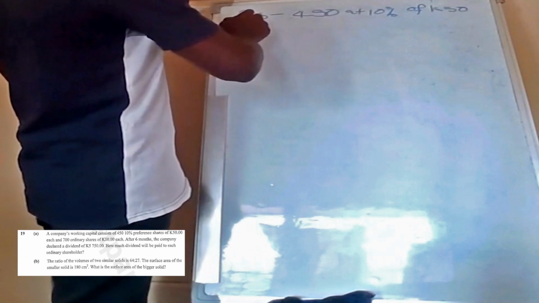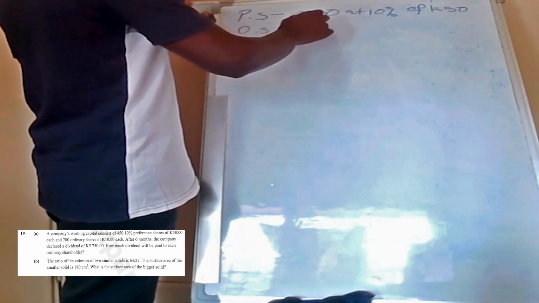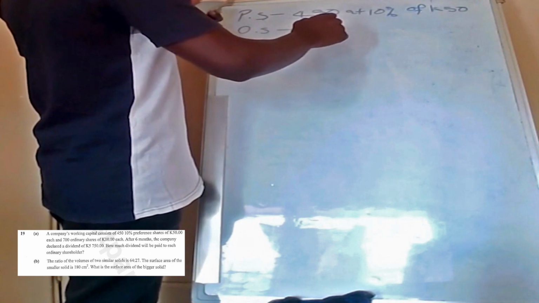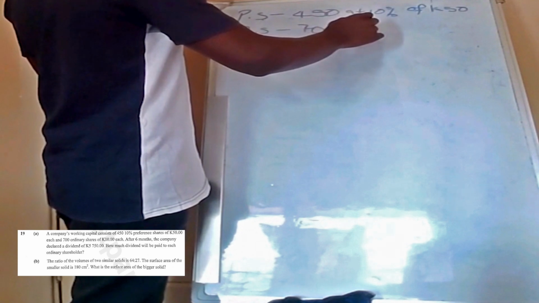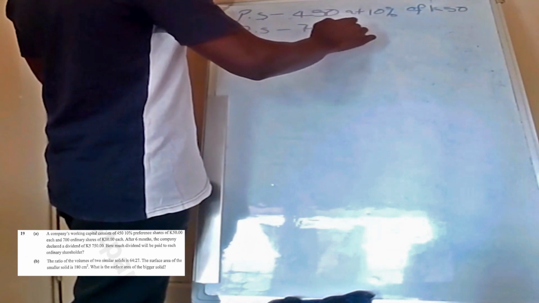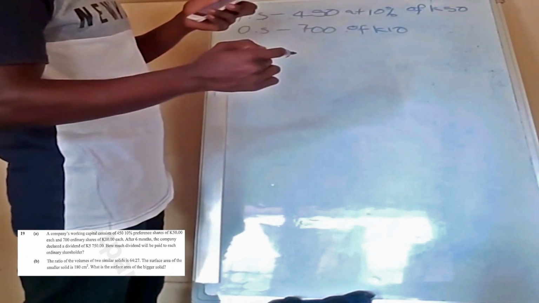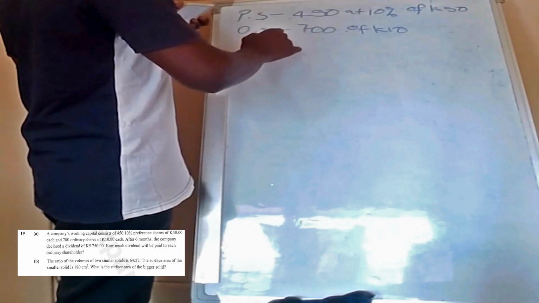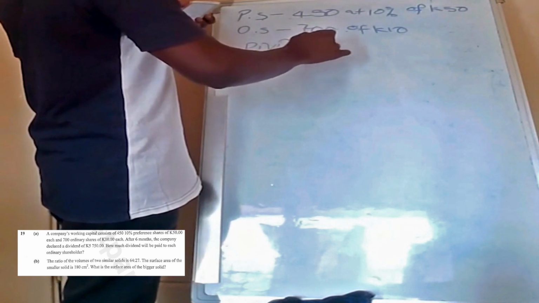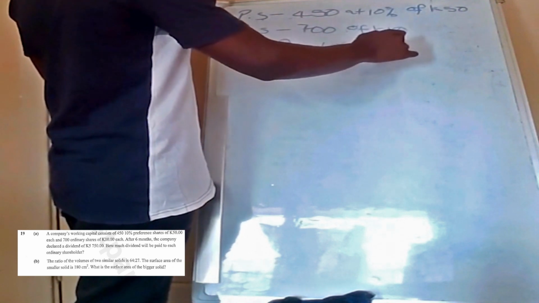Then we've got ordinary shares, OS, which are 700, and they are of 10 kwacha each. Then the company declared a dividend of 5,750.